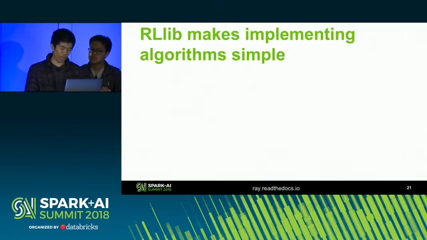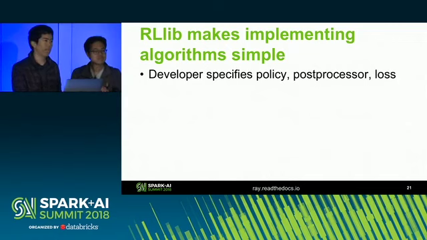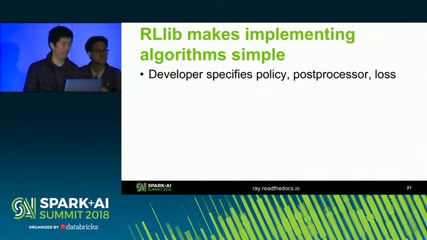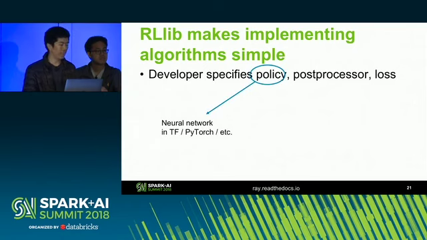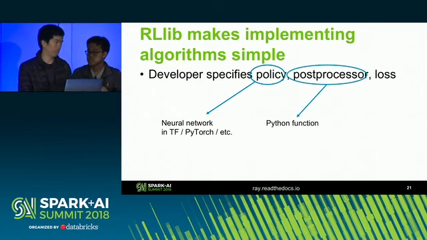RLlib also, beyond providing a collection of algorithms, makes it easy to develop new algorithms. If you're an RL developer, to create a new algorithm, you need to specify a policy, some post-processor for the data produced by your policy, and then finally a loss function to improve your policy given the data. This policy is typically a neural network defined in your favorite deep learning framework, for example, TensorFlow or PyTorch. The post-processor is an arbitrary Python function.